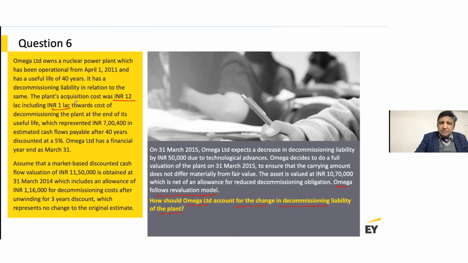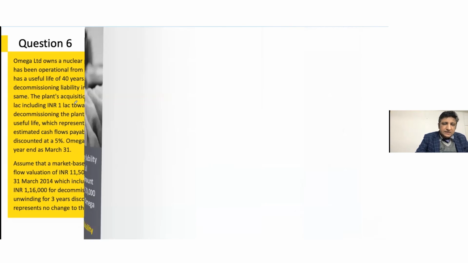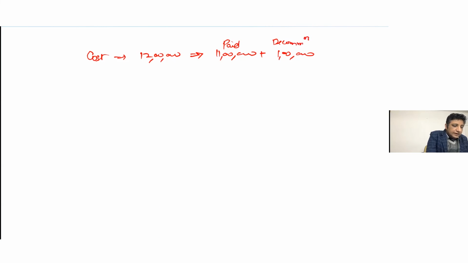If we were to split this cost into two components, the cost of the asset is 12 lakh, which is basically 11 lakh that would have been paid plus 1 lakh of decommissioning liability, right?